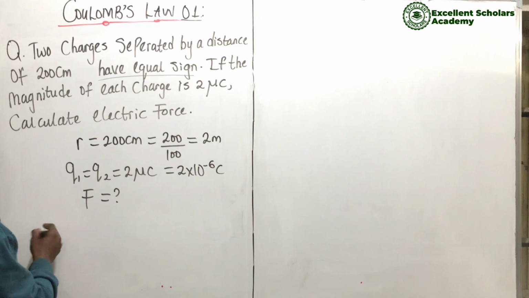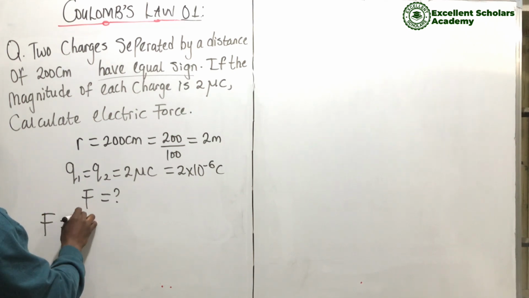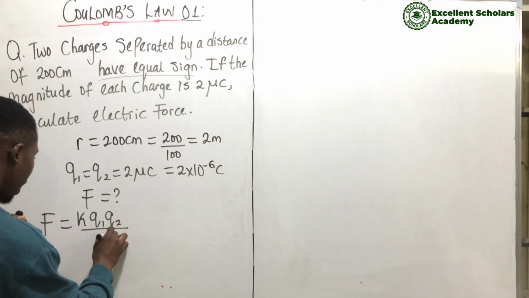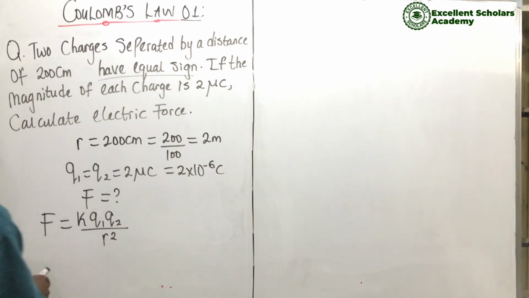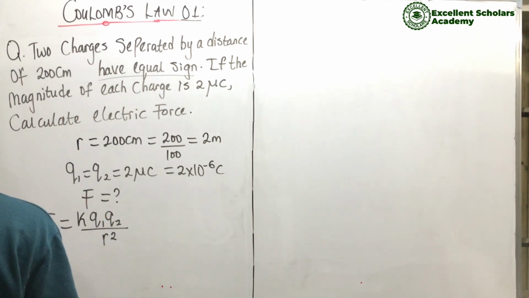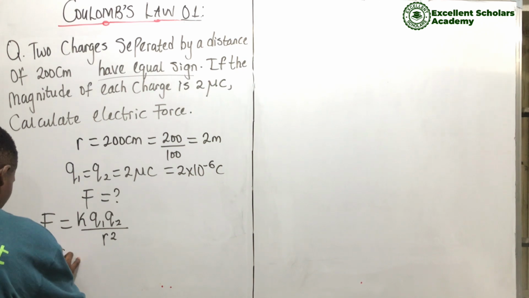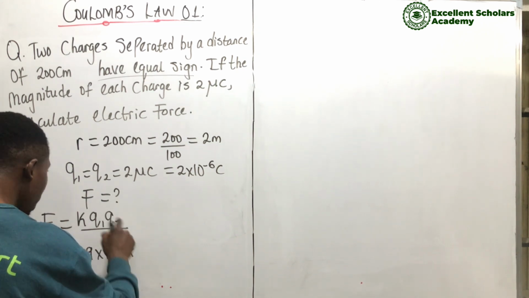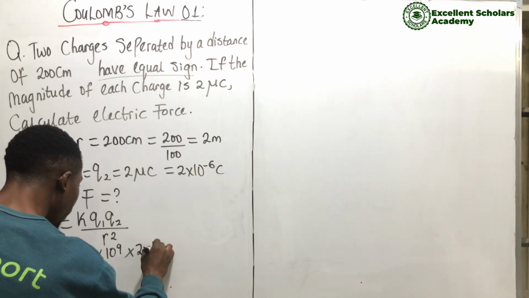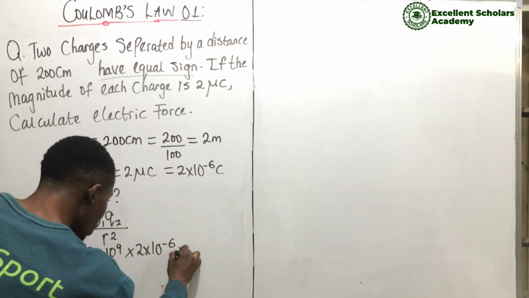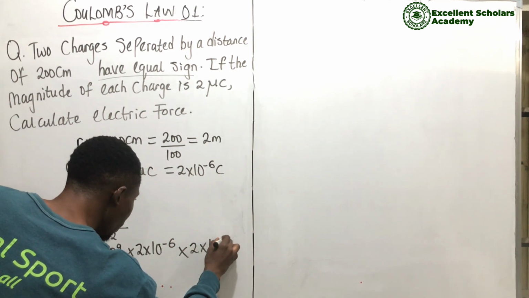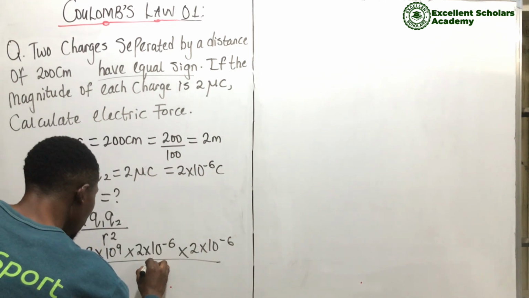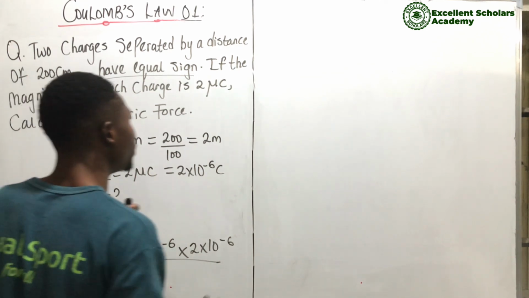Now, according to Coulomb's law, we have that F is equal to k q1 q2 over r squared. So now our F will be equal to 9 times 10 to the power of 9 times our q1, which is 2 times 10 to the power of minus 6, our q2 is also 2 times 10 to the power of minus 6, over the distance, that's 2 meter, which is going to give us 2 squared.